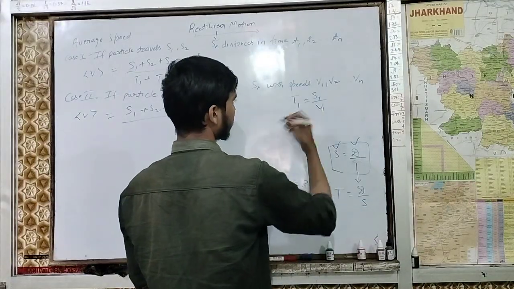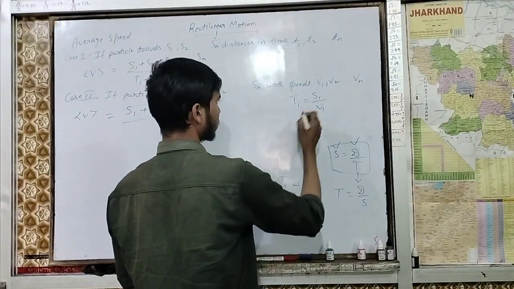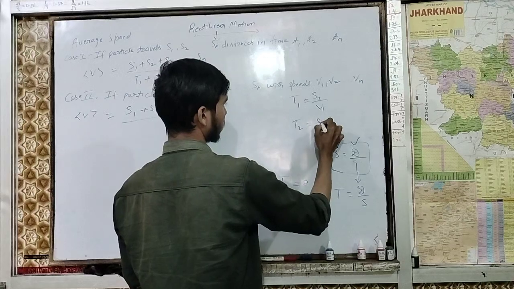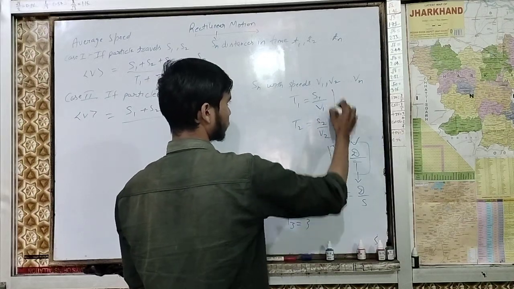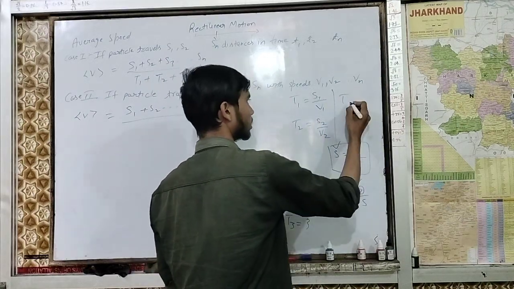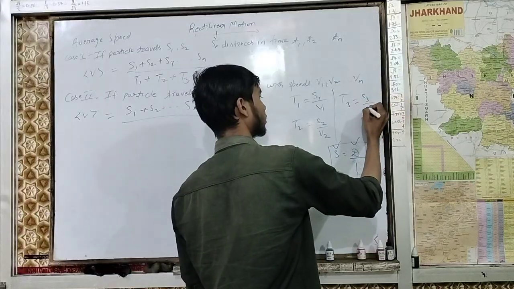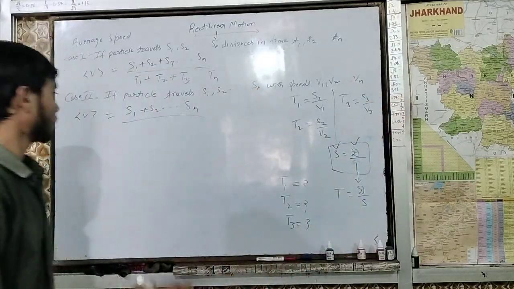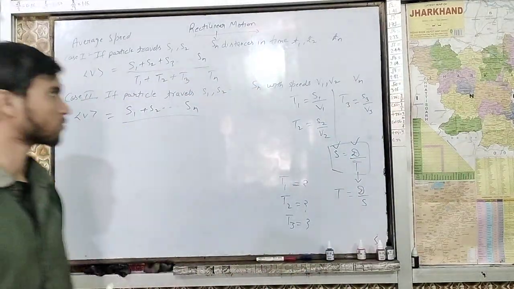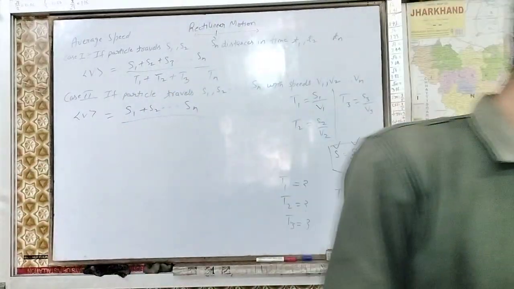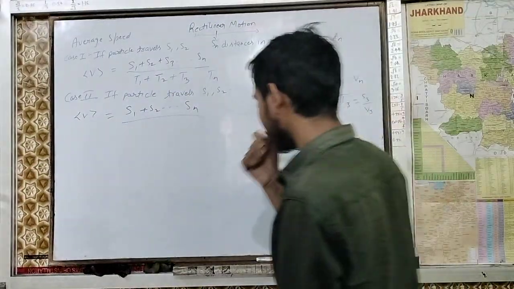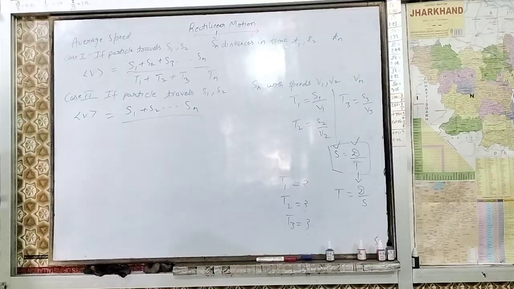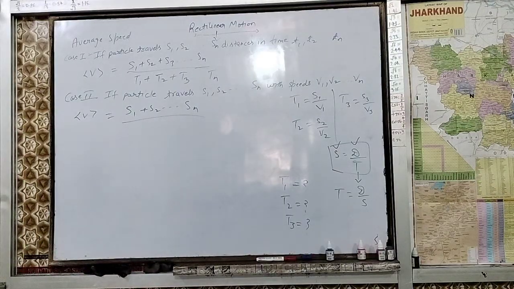Same with T2, S2 upon V2, similarly T3 is S3 upon V3. Then you will simplify until the equation cannot be simplified further; you have to reach that point.